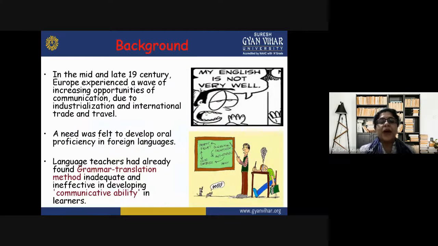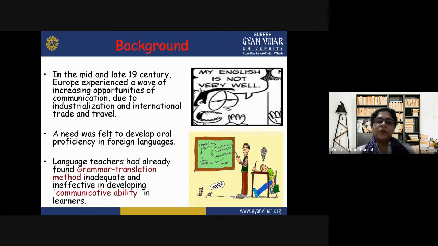So what is the background of the direct method? Let's understand the scene behind it. In the mid and late 19th century, Europe experienced a wave of increasing opportunities of communication, and due to industrialization and international trade and travel, there was a need for a conversational language which could be used by people with the same interests, such as business, trade and commerce.